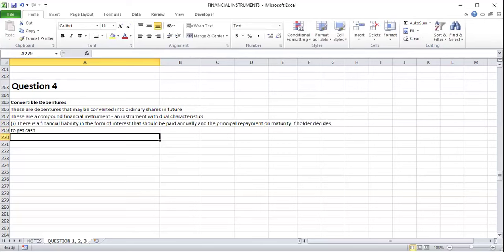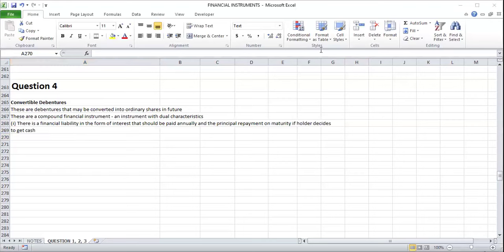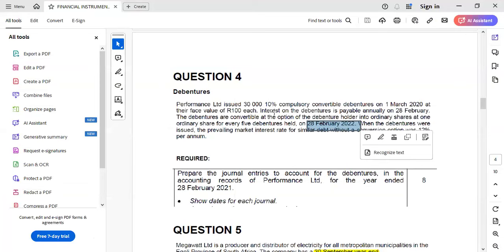What happens normally with these convertible debentures? At maturity, the one with the option, in this case the holder, will decide whether they want cash or they want their debentures to be converted into shares. So in this case, on 28 February 2022, we are told that the option is with the holder.